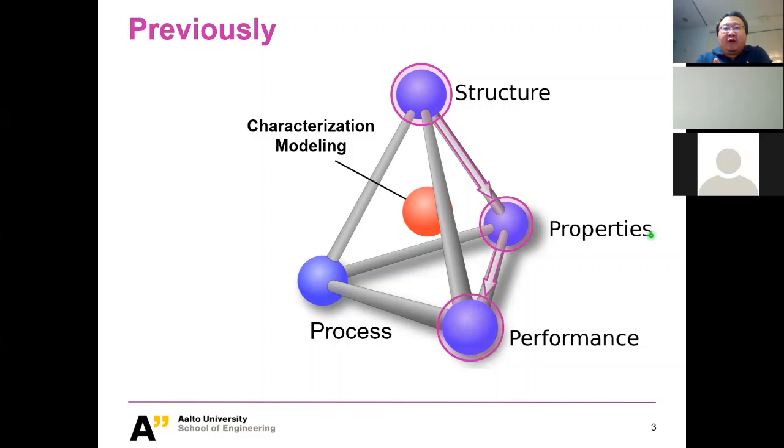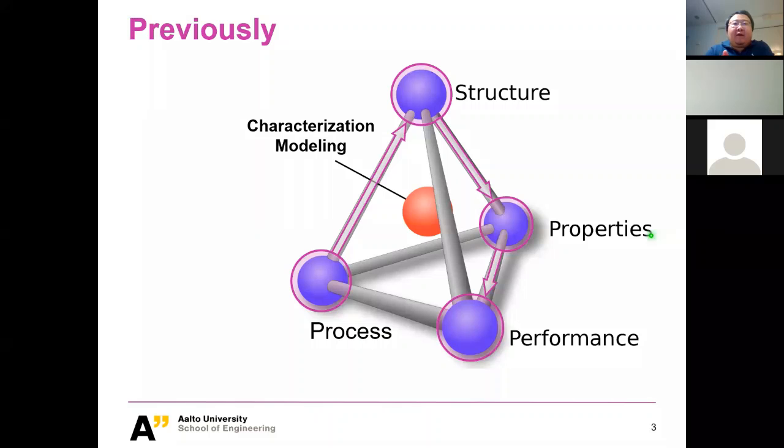So this week, not performance, because performance has already been partially covered in the previous lectures, we're going to move to the final element in these 4 elements, and this is going to be the process.